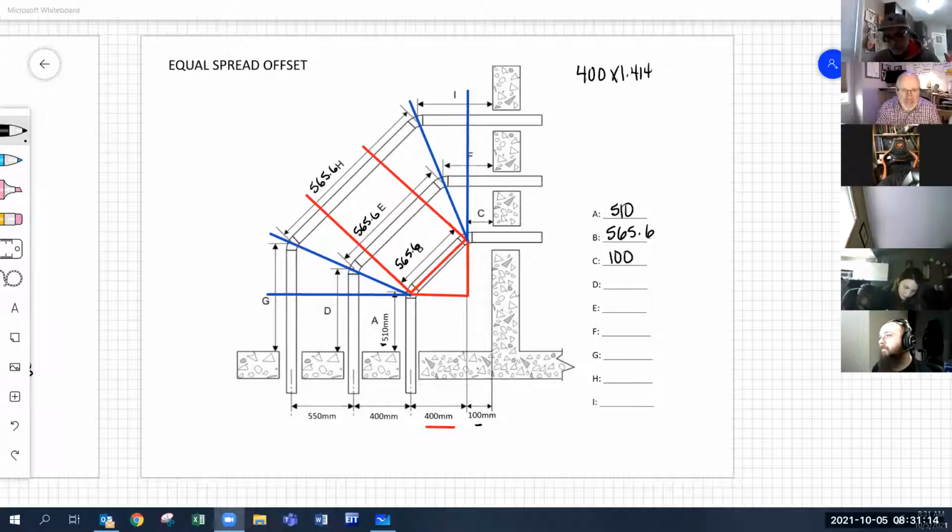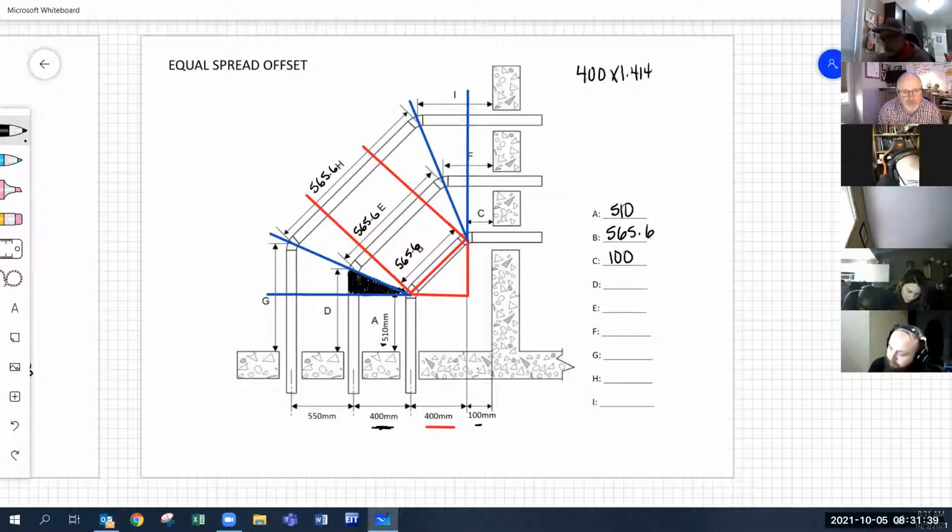Once I have that done, the next step is to solve for D. And I'm going to draw a 22.5 degree right angle triangle right in this location. I'll color it in so you can see it. There it is there. I have a run of 400 on the bottom.